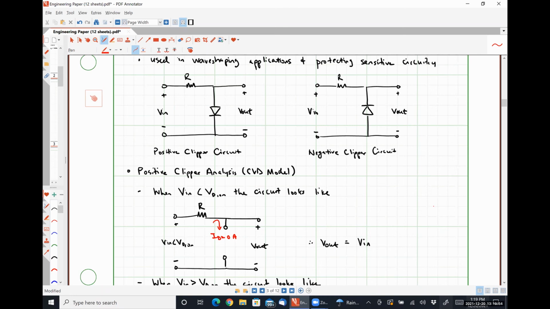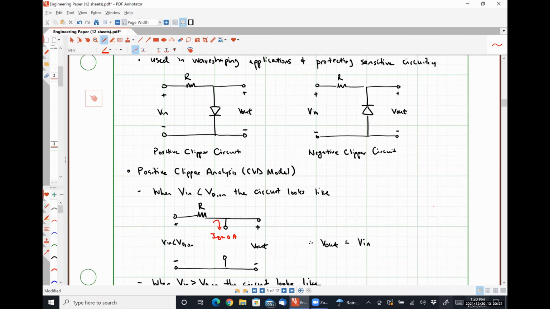So anything that's more negative than negative VD on gets cut out. For a silicon diode, this is effectively a way of making sure that the voltage getting applied to some circuitry downstream never gets larger than 0.7 volts or more negative than 0.7 volts.